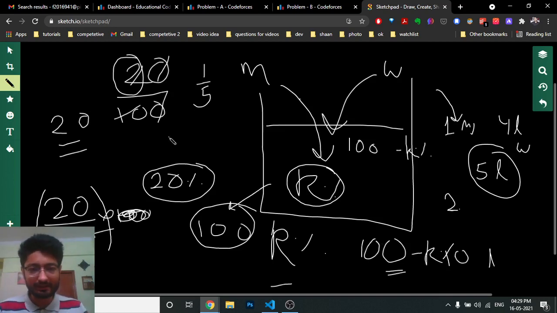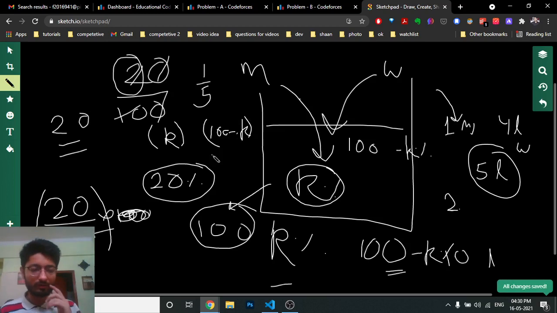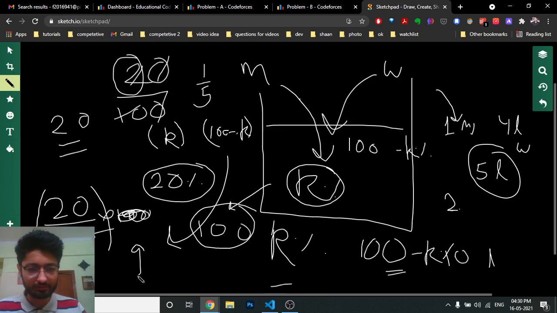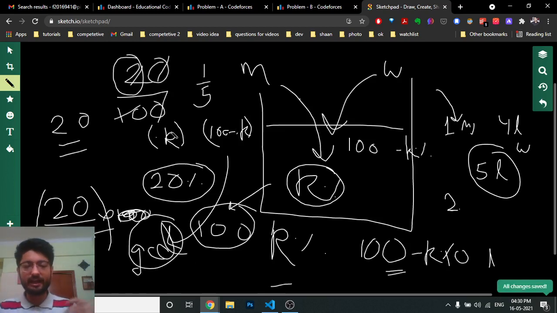So take the two numbers k and 100 minus k, as the two solution values, and find the greatest number which divides both of them, so that they cannot be divided more. The simple thing is to find the GCD, the greatest common divisor of both numbers. If we find the GCD and divide both numbers by it, the final numbers cannot be divided any further.